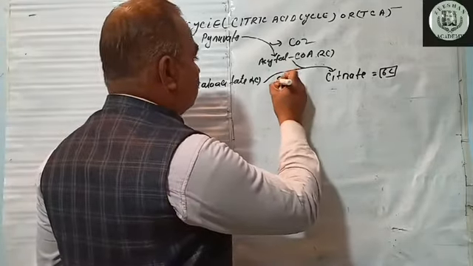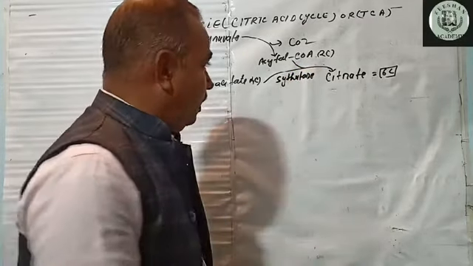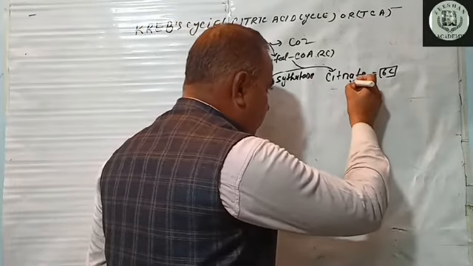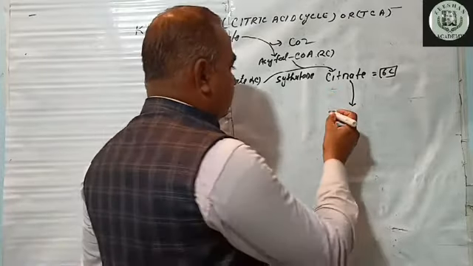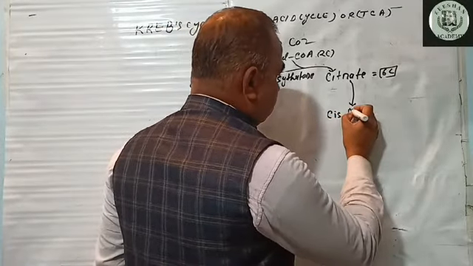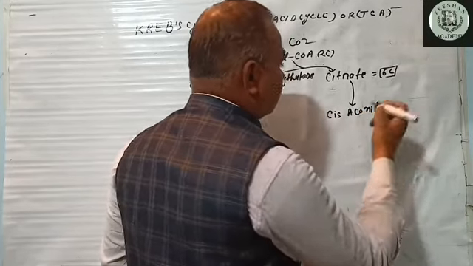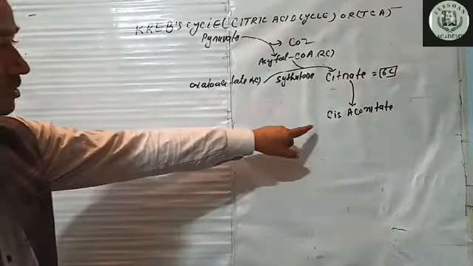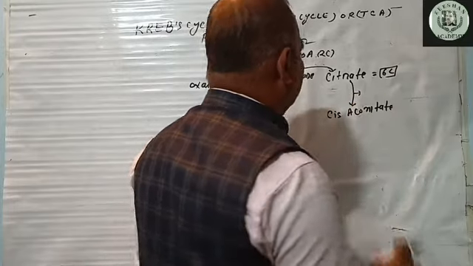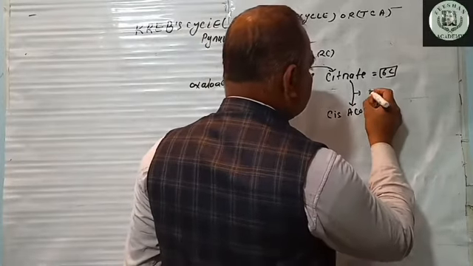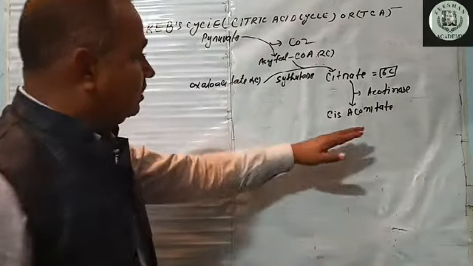oxaloacetate synthase enzyme. After that, in the second step of the Krebs cycle, the citrate is converted into cis-aconitate, and in this step the enzyme aconitase catalyzes the reaction.